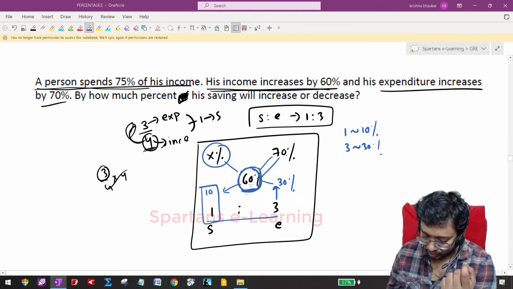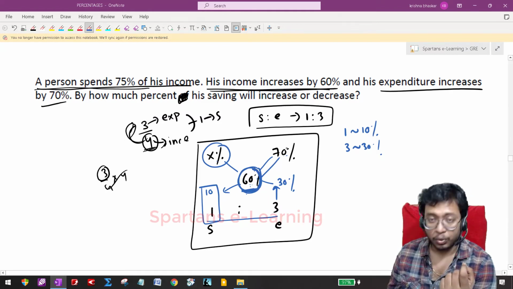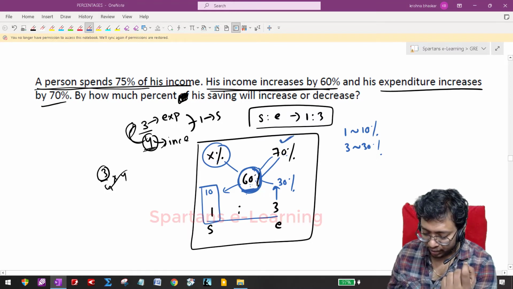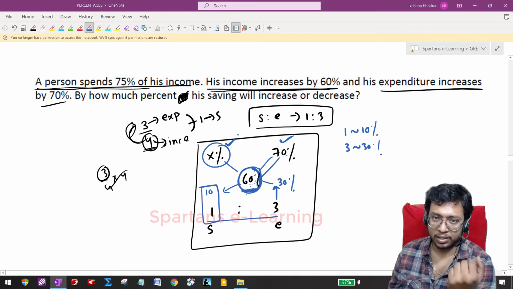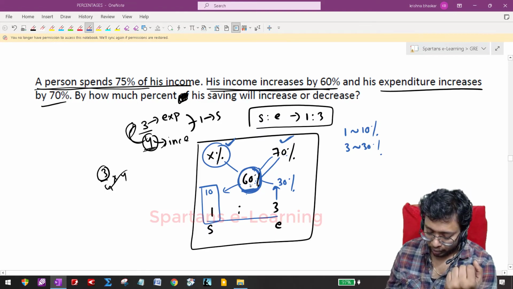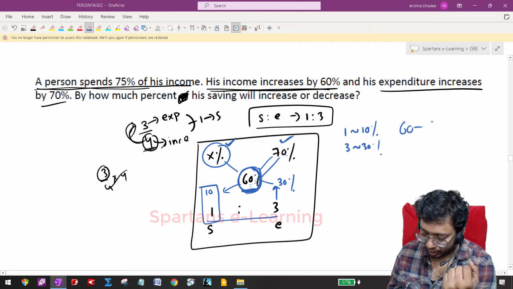If you see 60 here, this is already less than 70. That means this particular thing is the greater one. 60 is less than 70, that means 60 should be more than this entity. So this 60 should be greater than X, which means 60 minus X is giving you 30%.